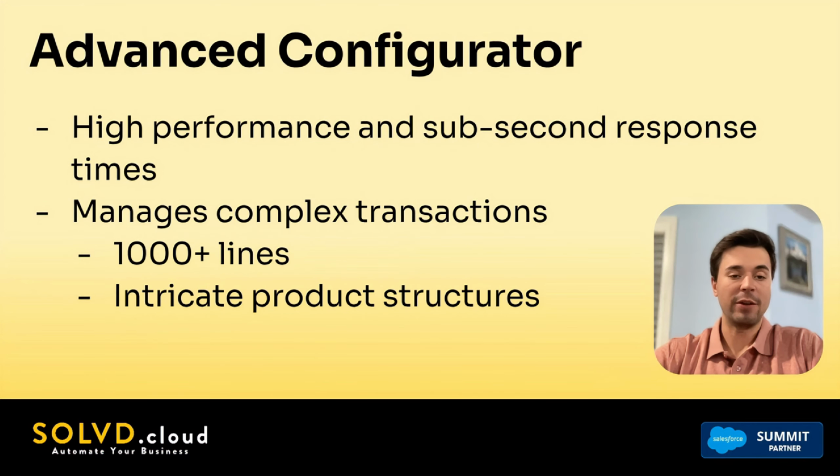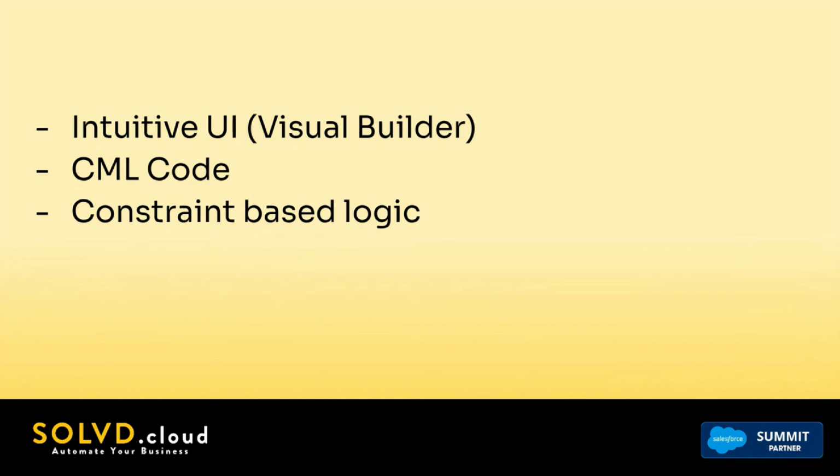The Advanced Configurator is Salesforce's next generation solution to configuring products and quotes. It allows you to have high performance sub-second response times. So it's a lot quicker than product rules and especially a lot quicker than the standard configurator. And you're able to manage complex transactions with thousands of lines and intricate product structures.